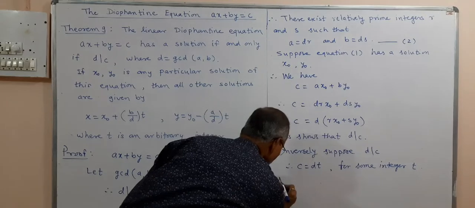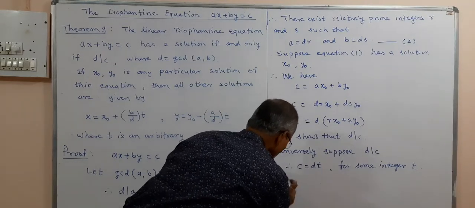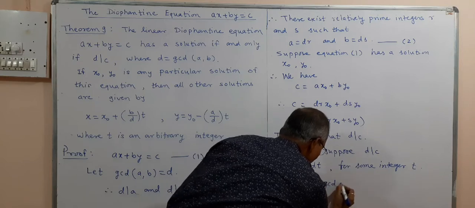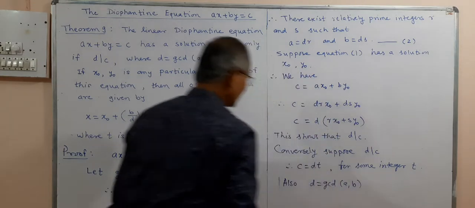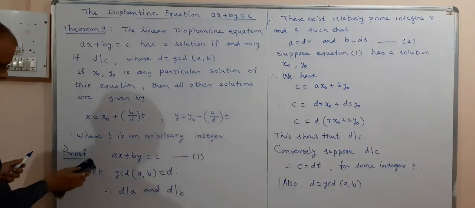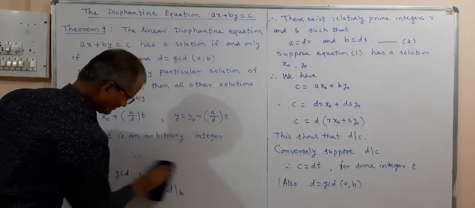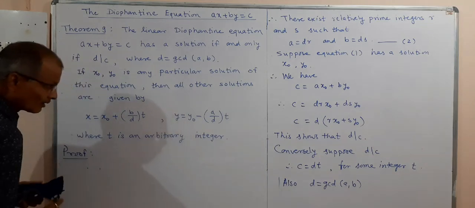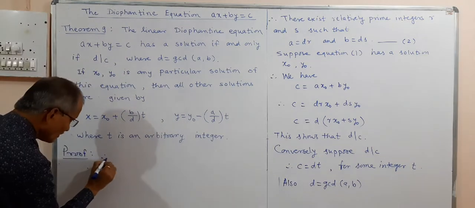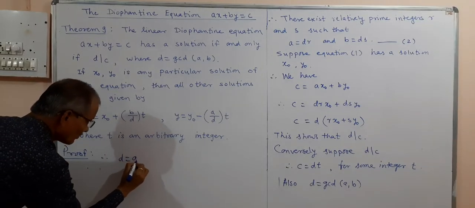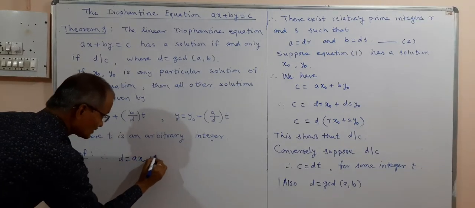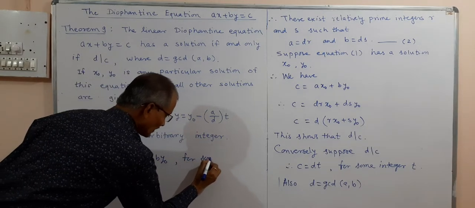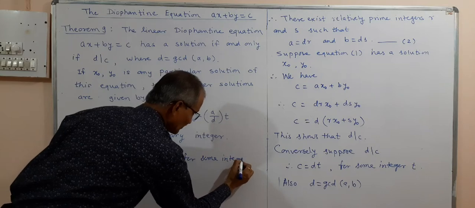Also, d is equal to GCD of a and b, and therefore d can be written as d is equal to ax naught plus by naught for some integers x naught and y naught. This is theorem 3.